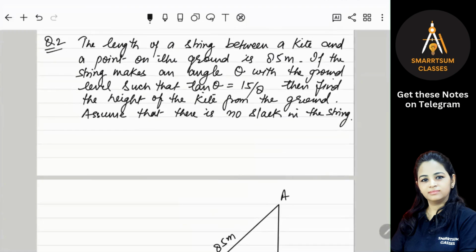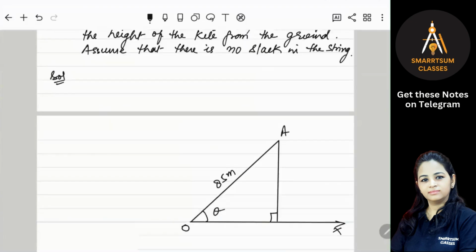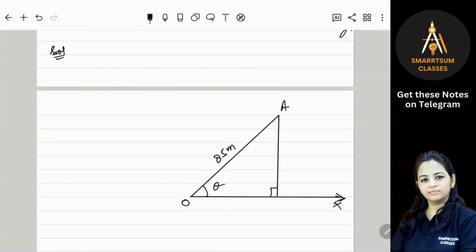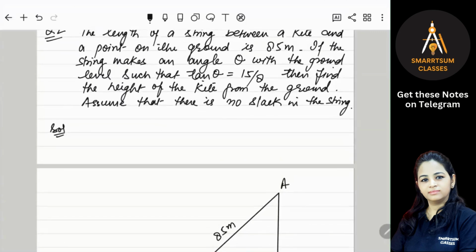First write down. So we can say that here OX is the horizontal ground, right? This is the horizontal ground.